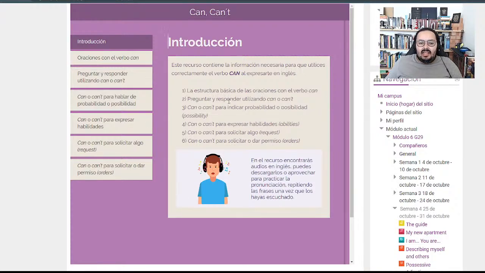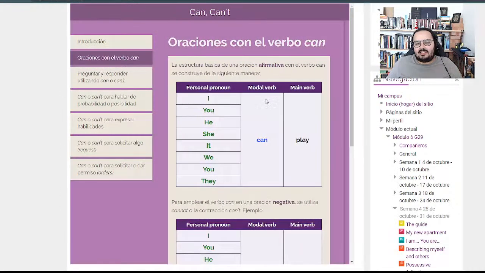Says, la estructura básica de las oraciones con el verbo can. Vamos a aprender, preguntar y responder utilizando can or can't. Can o can't para indicar probabilidad o posibilidad. Can or can't para expresar habilidades. Can or can't para solicitar algo. Can or can't para solicitar o dar permiso. And let's start with this.